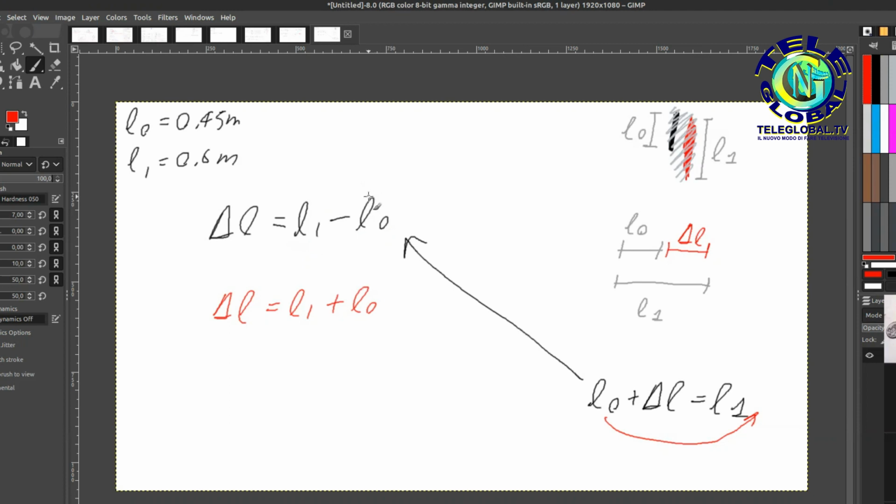Measuring changes as a difference is going to come up more times in physics. So whenever you want to see a change in something, or a variation, if you will, you are gonna use the minus sign.